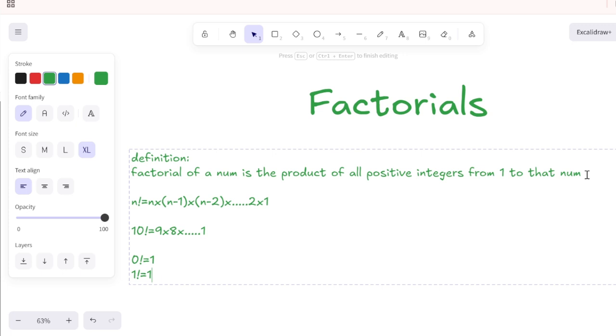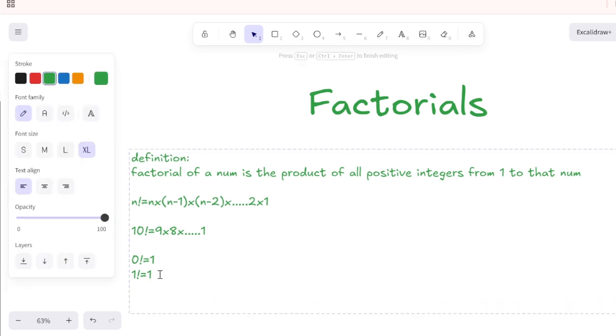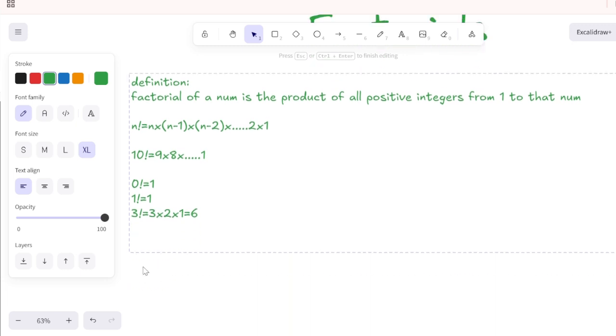If we see another factorial like 3 factorial, it will be the multiplication of 3 into 2 into 1, and the answer will be 6. In the same way, every number is calculated in this way.